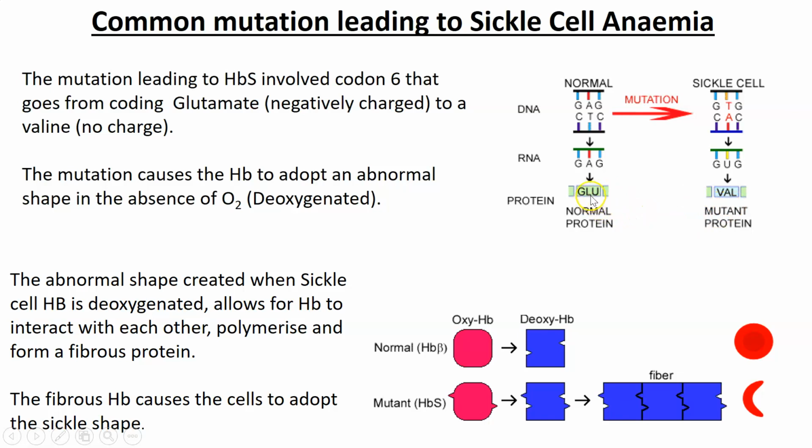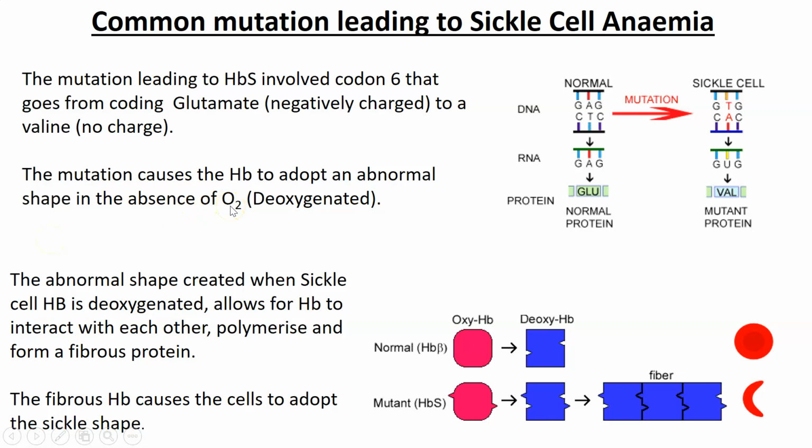And simply by changing this one amino acid, remember this is a big molecule containing hundreds of amino acids, it completely changes the structure of the hemoglobin when it's deoxygenated. This mutation causes hemoglobin to adopt an abnormal shape in the absence of oxygen.